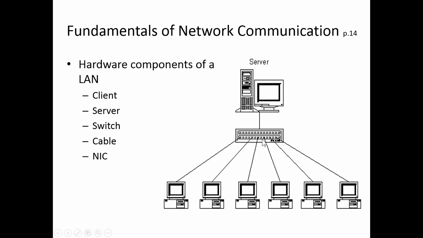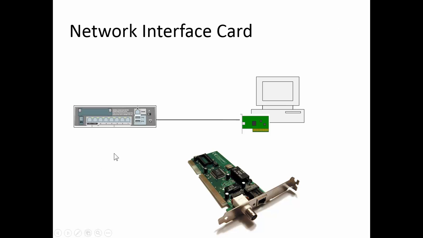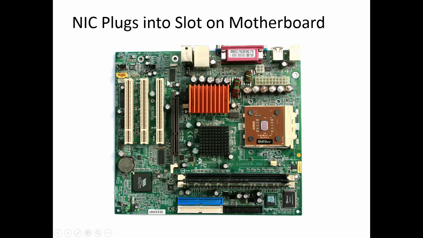The cable connects the switch to the network interface card, and there is a network interface card in every workstation and in the server. The network interface card is a circuit board about the size of your hand that plugs into slots in the motherboard.